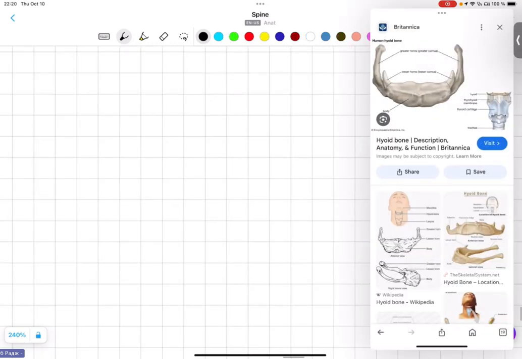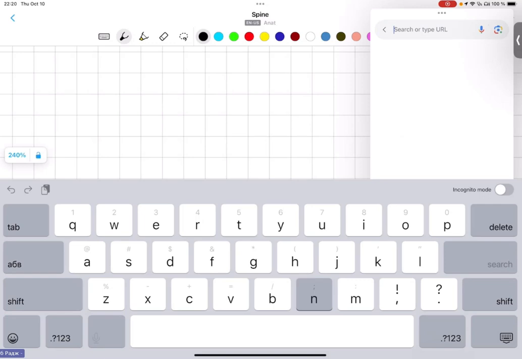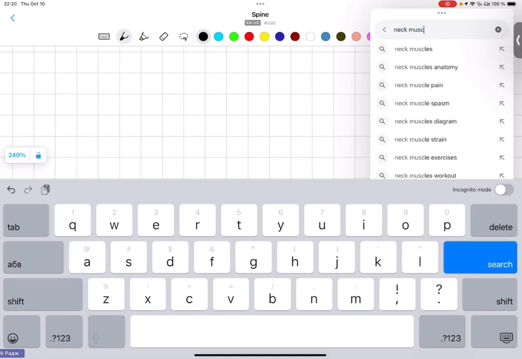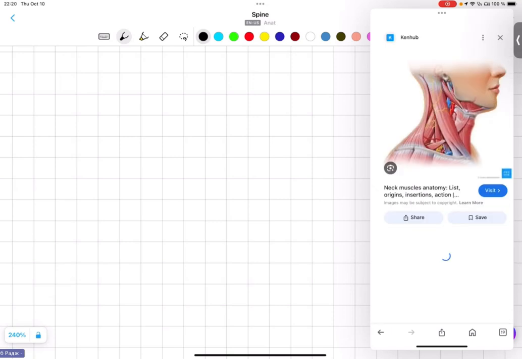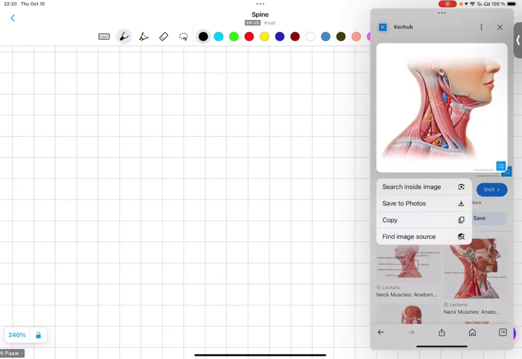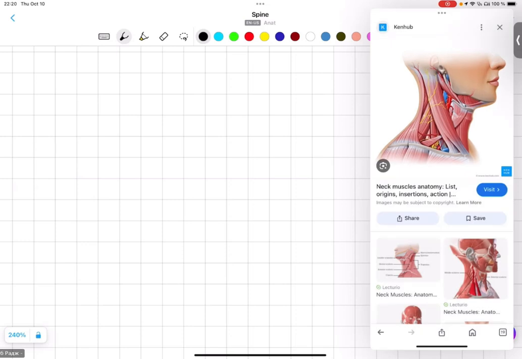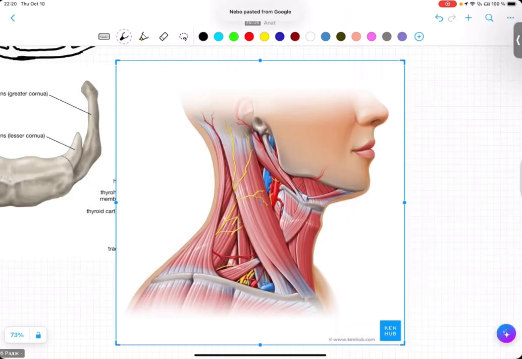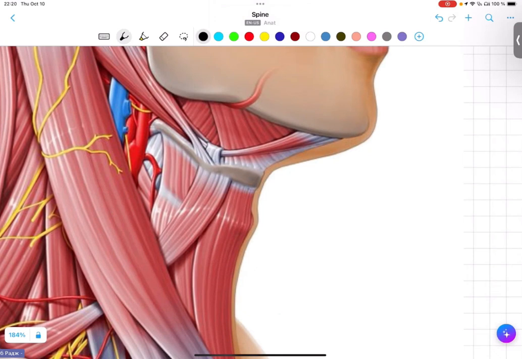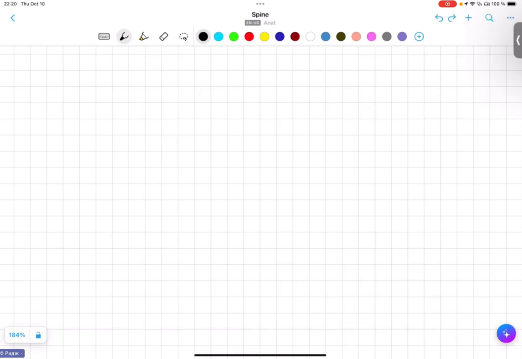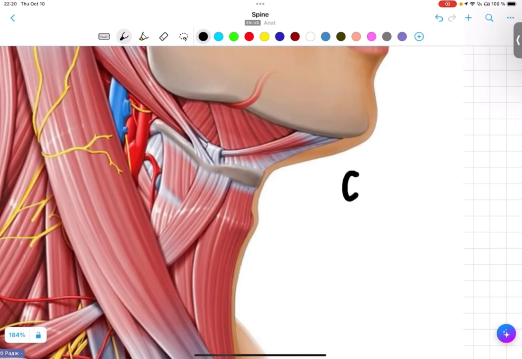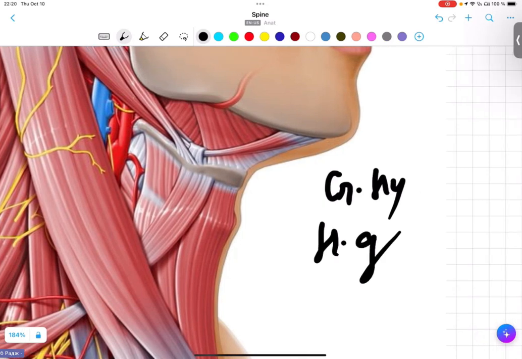For example, let me show you the neck muscles. Here you can see this bone is your hyoid bone and various muscles will be attached to it. For example, you will have geniohyoid muscle. Geniohyoid will come from the genial tubercle to the hyoid. Then you will have hyoglossus.